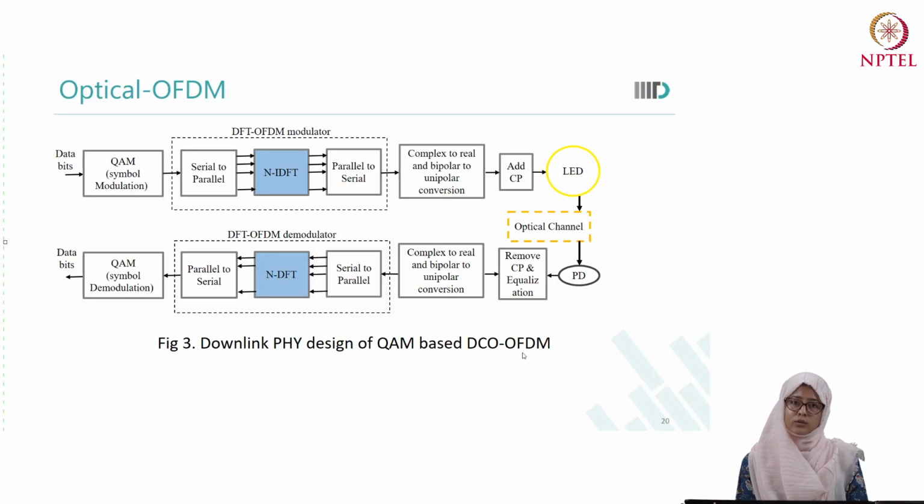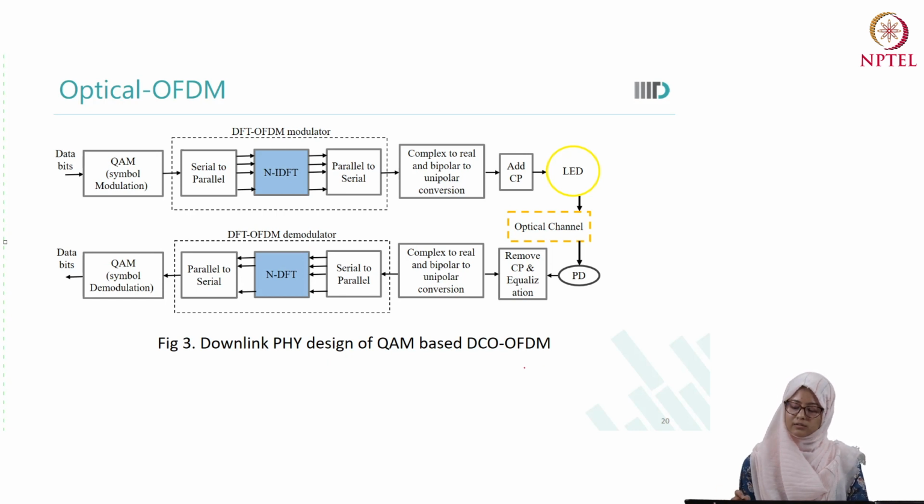So now coming to the optical OFDM part. In this part, I will be discussing how to simulate optical OFDM in MATLAB. OFDM, orthogonal frequency division multiplexing, is not new to everyone. But what is optical OFDM? The OFDM technique, which is made suitable for visible light communication, has been named optical OFDM.